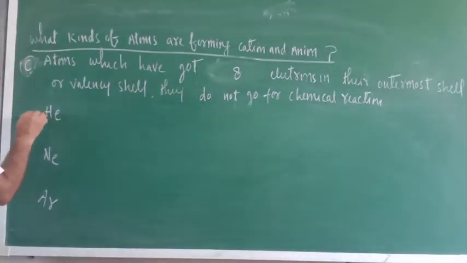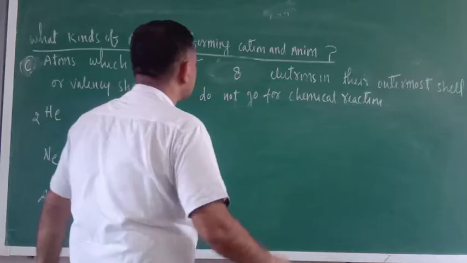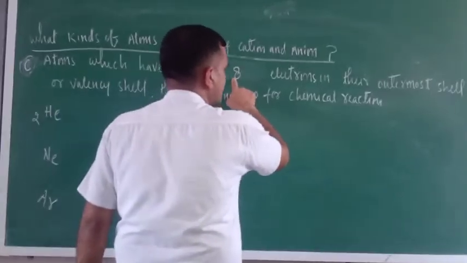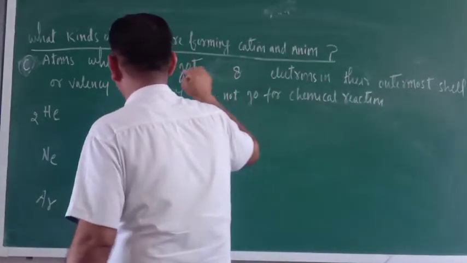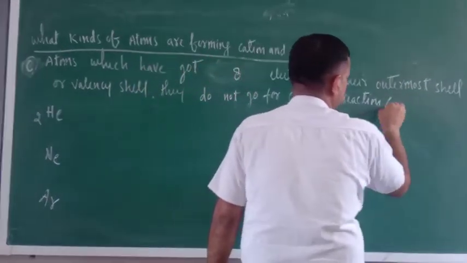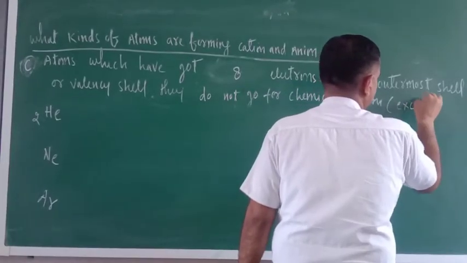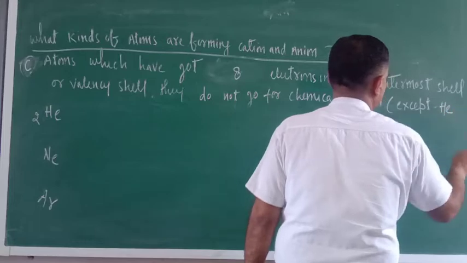Just see, helium, for this one 8 electrons are not there, 2 electrons are there. So atoms which have got 8 electrons in their outermost shell or valence shell do not go for chemical reaction, except helium.